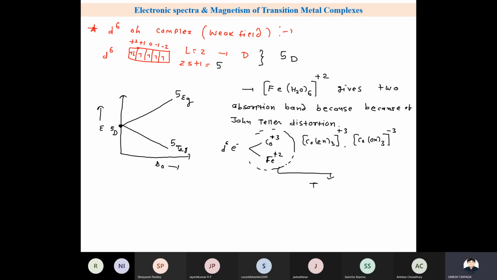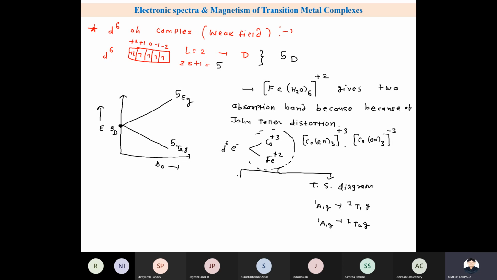You can have a TS diagram where singlet A1g to singlet T1g and singlet A1g to singlet T2g is also observed. This type of transition is the case for TS.